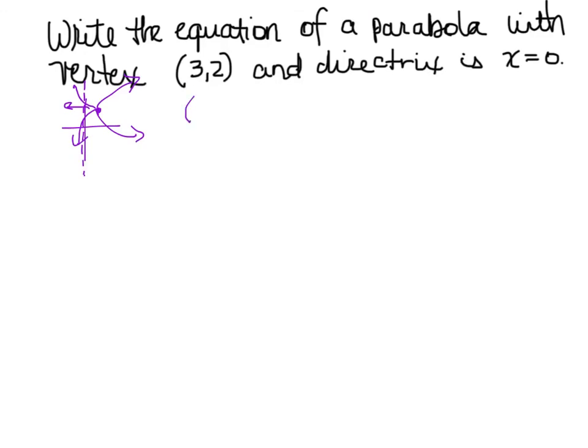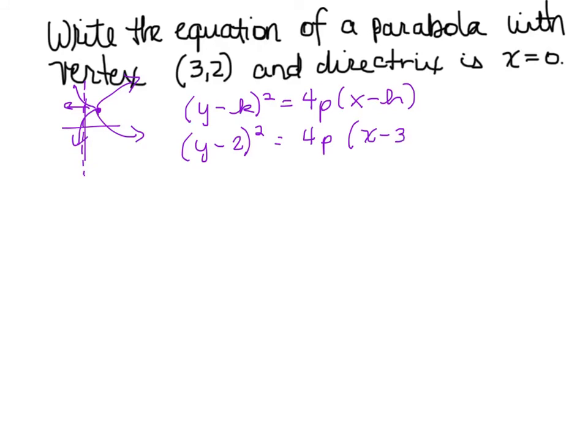So I'm just going to write the standard form, y minus k squared equals 4p times x minus h. And I'm going to insert my vertex. So it's y minus 2 squared equals 4p times x minus 3. So from my vertex (3, 2) to my directrix is this distance right here, correct?